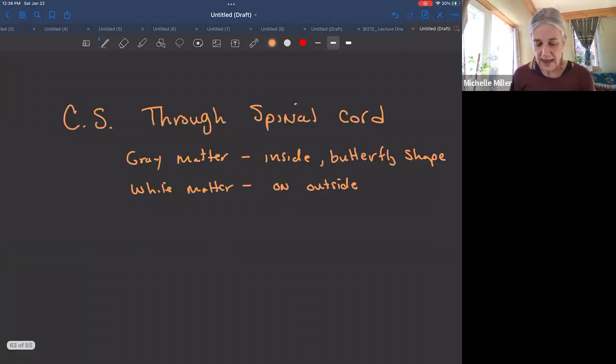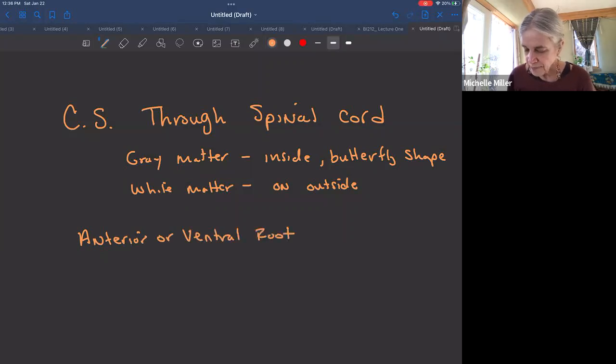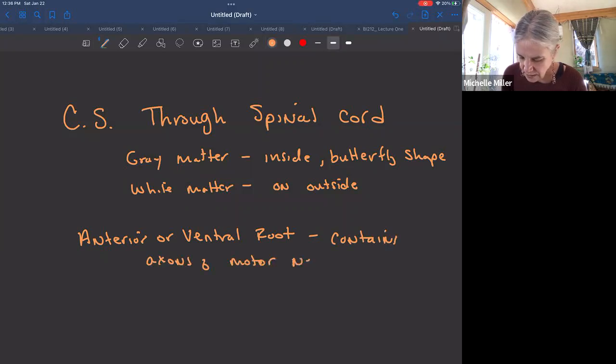So when we look at the anterior root, or we could call it the ventral root, this actually contains axons of motor neurons.